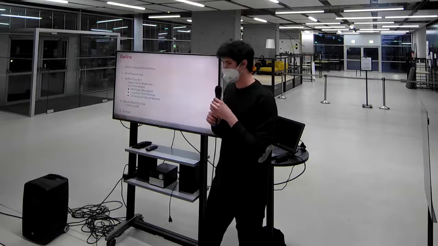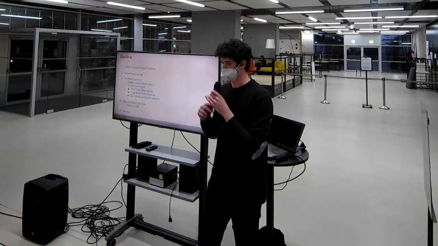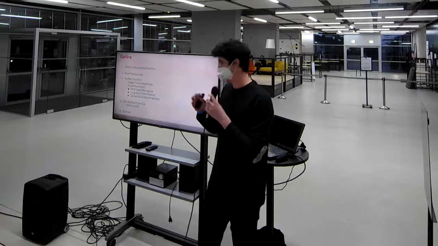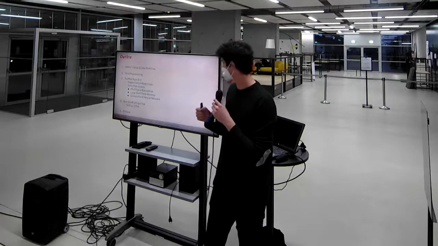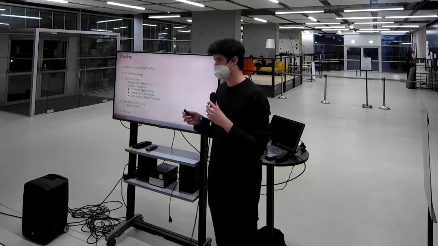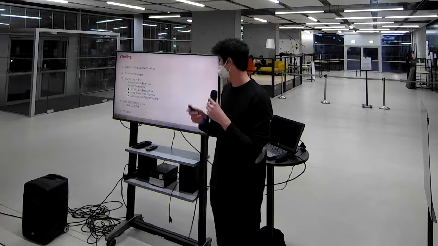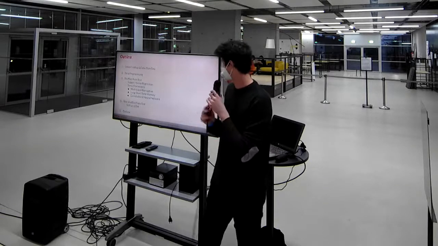We have an important distinction between the train and test sets that we use when we want to calibrate sensors. In particular, we have shuffled train and test sets, and non-shuffled train and test sets, and I will show you what I mean by shuffle and non-shuffle.